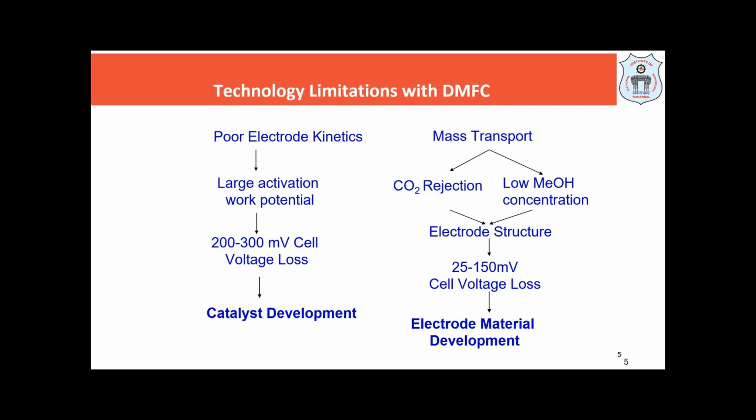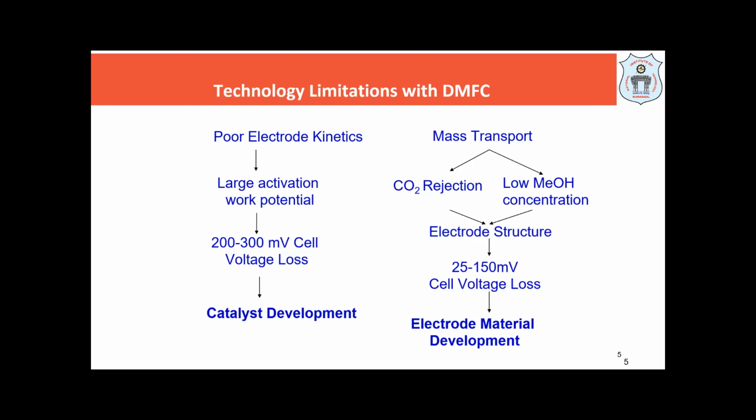So we want to develop a good catalyst for minimizing this kind of activation polarization. That is, we want a more effective catalyst which will minimize these activation potential losses, polarization losses, where we are at least losing 200 to 300 millivolts of cell voltage, right? So that is one area people focus on.